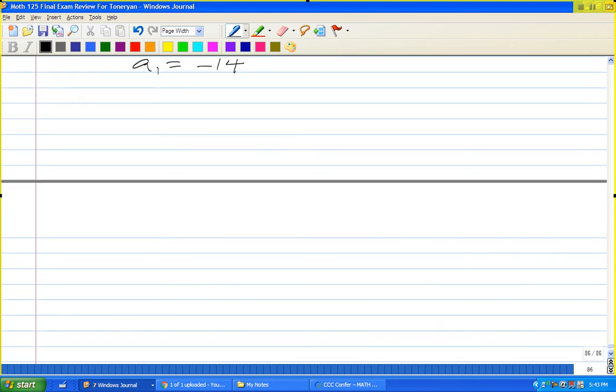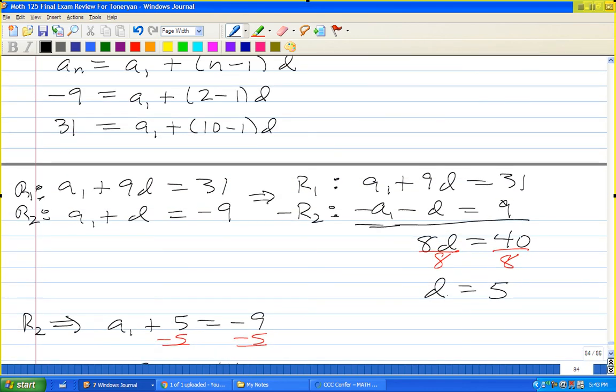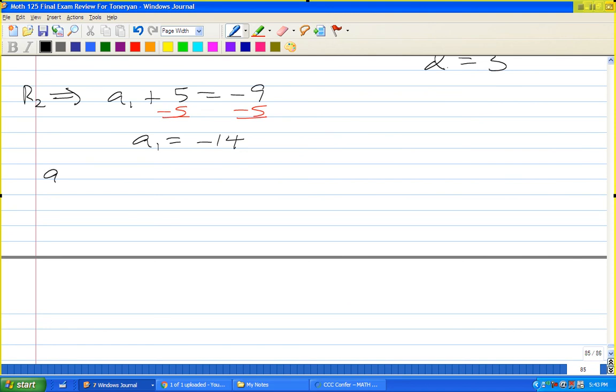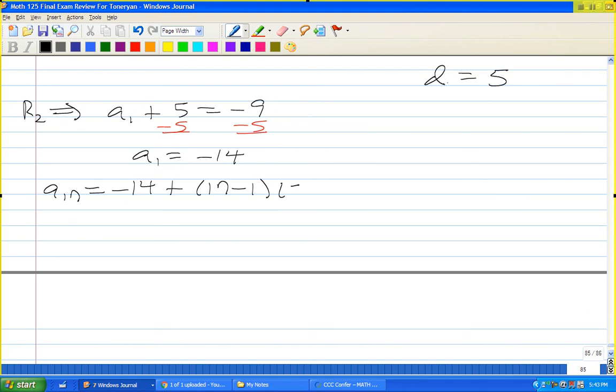Okay, and I want to figure out the 17th term. So it's a sub 1 plus n minus 1 d. So negative 14 plus 16 times 5.